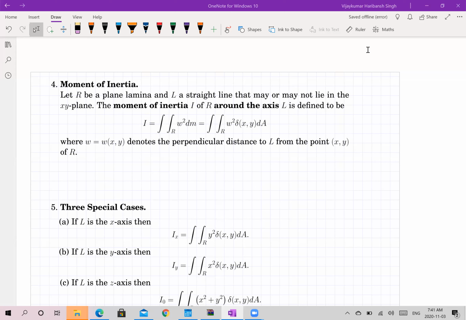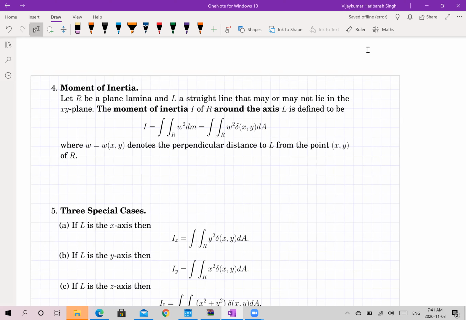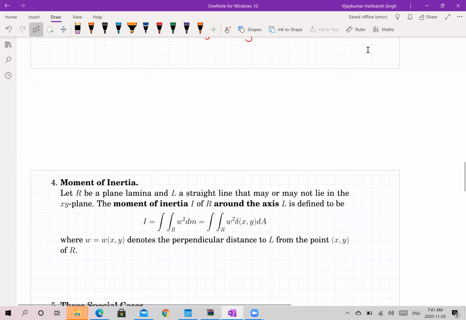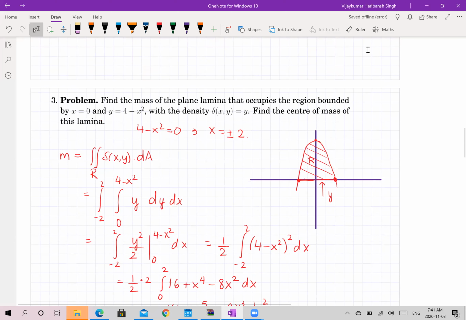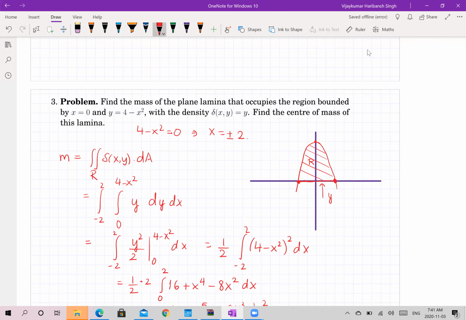So let's talk about moment of inertia. Moment of inertia is given by the following. Oh, sorry. We also had to compute the center of mass of this lamina.